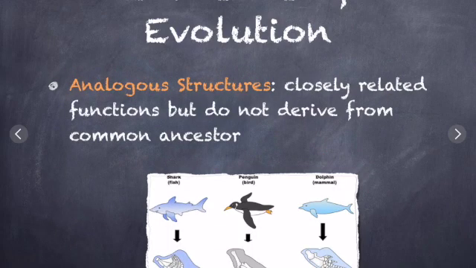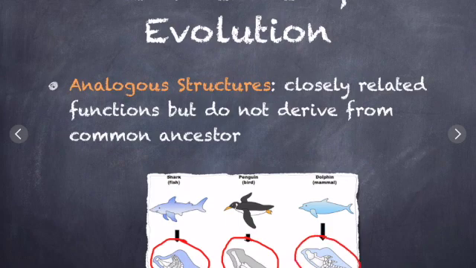Now, the next one is analogous structures. Analogous structures are a little bit different. You'll notice that each one of these, the fin of a shark, the wing of the penguin, or the fin of the dolphin, is used to help in swimming. Now, evolutionarily speaking, the shark, the penguin, and the dolphin are not closely related.